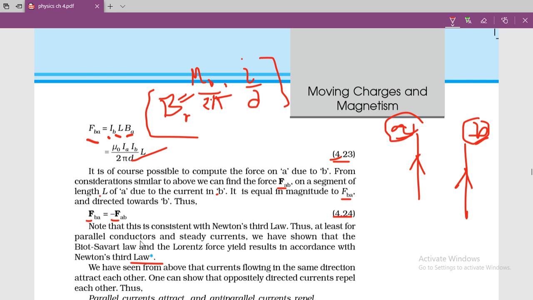Thus, at least for parallel conductors and steady currents, we have shown that the Biot-Savart law and the Lorentz force yield results in accordance with Newton's third law.